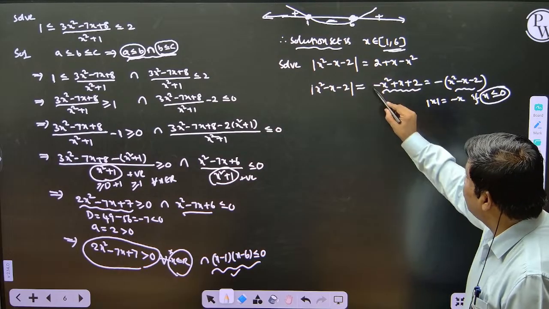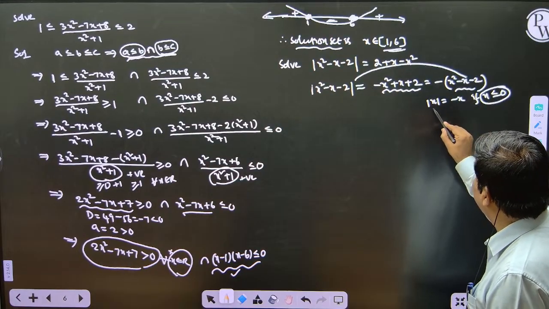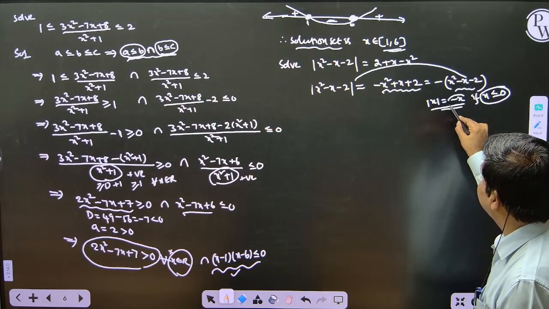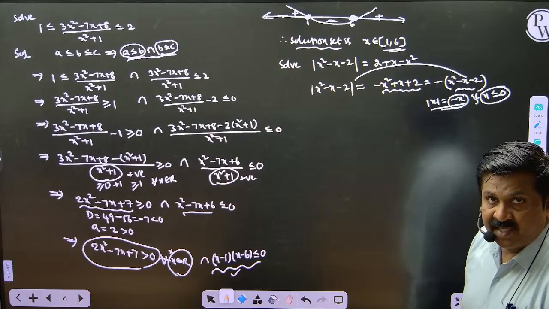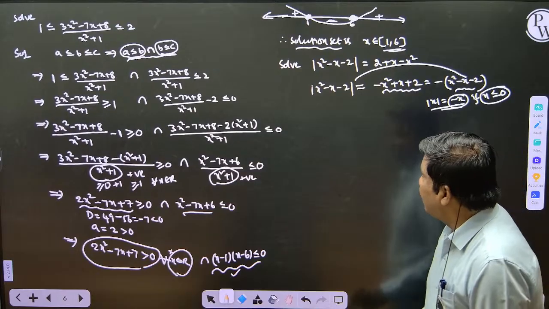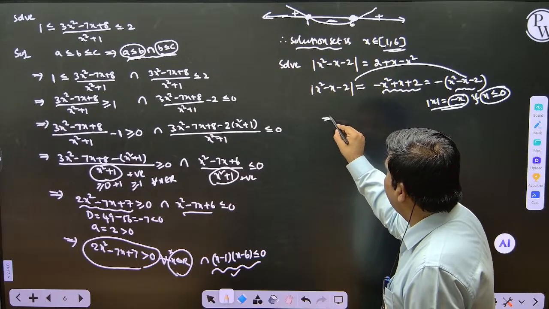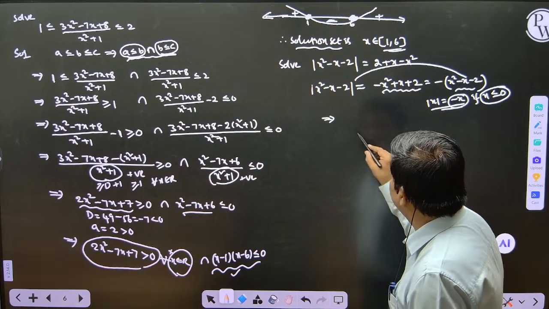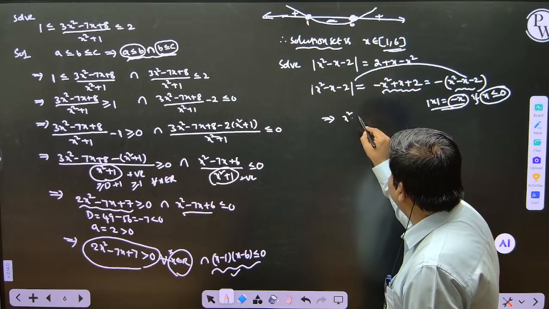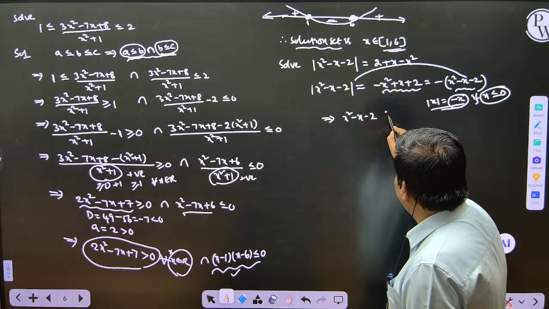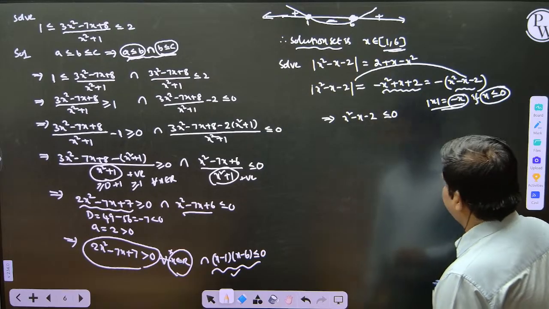So it also looks like the same format or not? Mod x is equal to minus x, same format or not. It implies x square minus x minus 2 is less than or equal to 0.